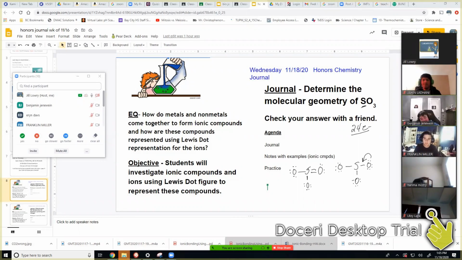From there, I would ask, how many areas of electron density or electron domains do I have? 3 bonds, so that means 3 areas. They're all bonds, no lone pair. So that's everything I'd have to gather up.